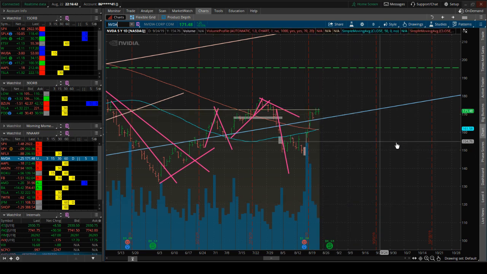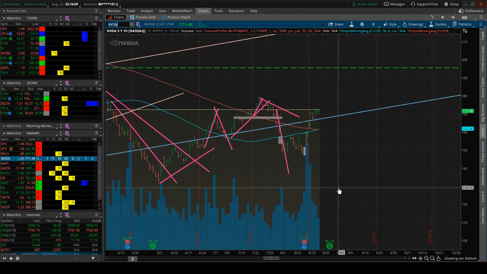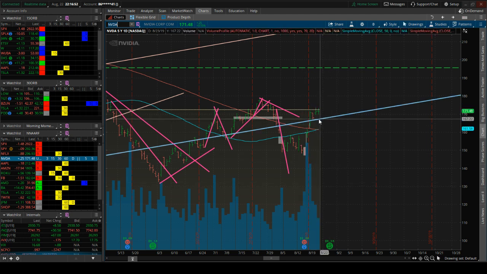If it can't get over this volumetric resistance level, and it starts to work its way down and gets below this level right here, this thing could really flush. So just keep an eye on that. But right now it's still holding the pitchfork. We're actually about to have a golden cross here on the 50 and the 200 MA. So maybe this inside day could work its way up, and we could get a nice little lotto trade tomorrow.